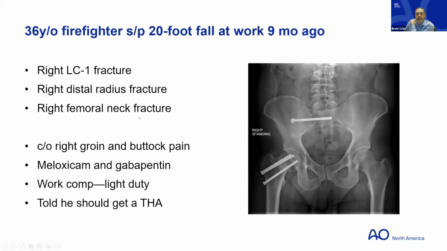So again, 36-year-old firefighter, 20-foot fall at work 9 months ago. On clinical exam, he was a centimeter shorter on the right while standing, but putting a half-inch block under the injured side, the right side, leveled out his crest heights.